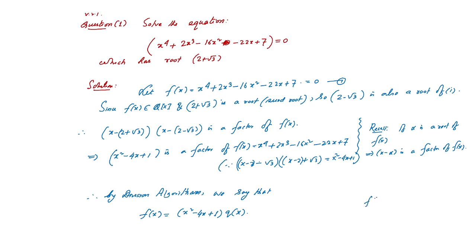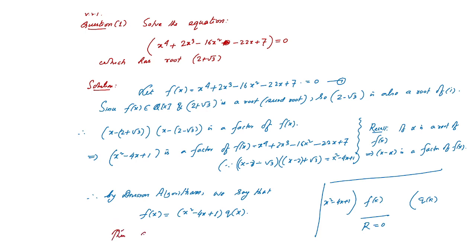Here, if we divide f(x) by it, because it is a factor, the remainder is 0 and the quotient is q(x). Now you apply the division algorithm. So now we need to decide what is our q(x).